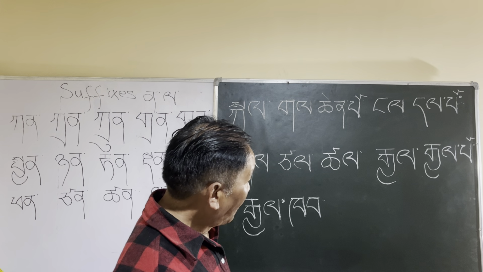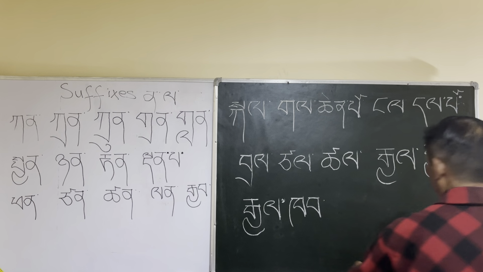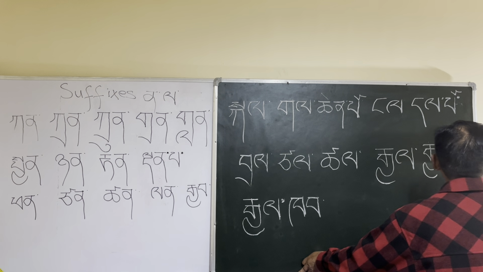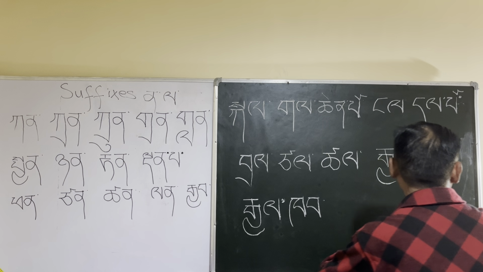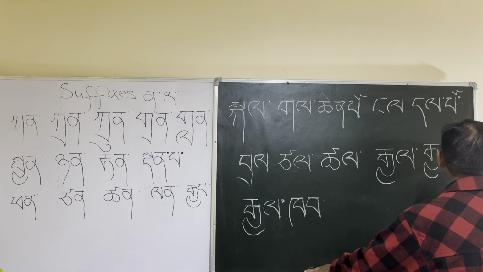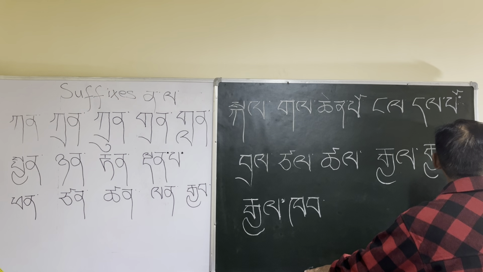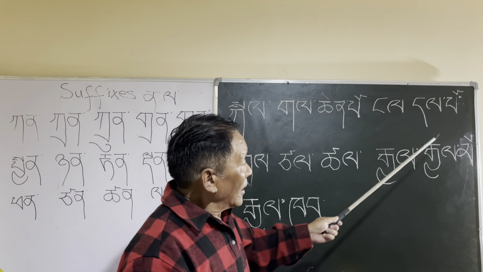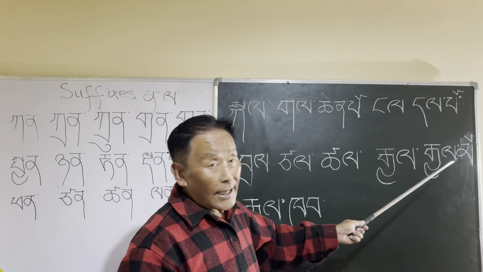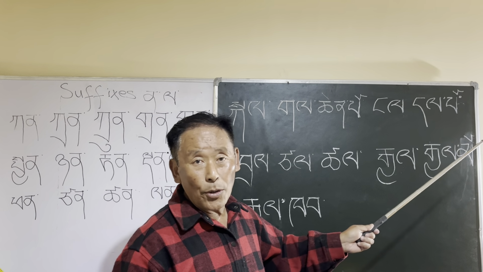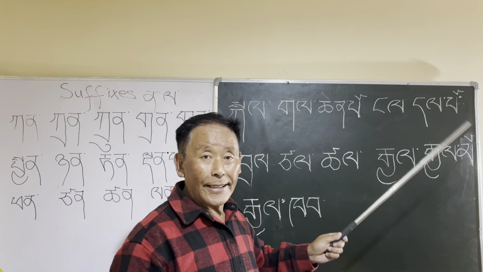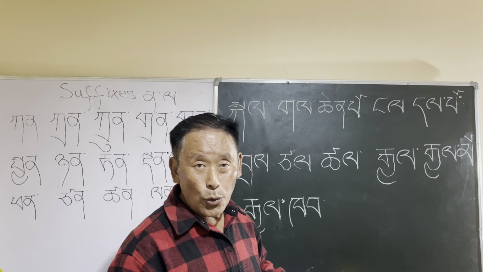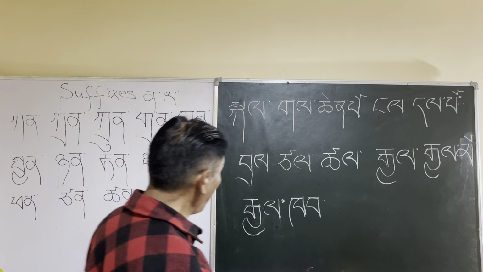And then if you replace it, gelmo, the queen. Gelpo, the king. Gelmo, the queen.